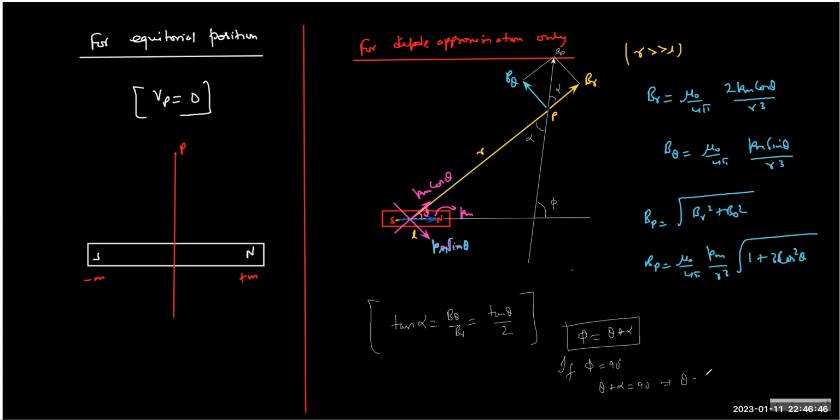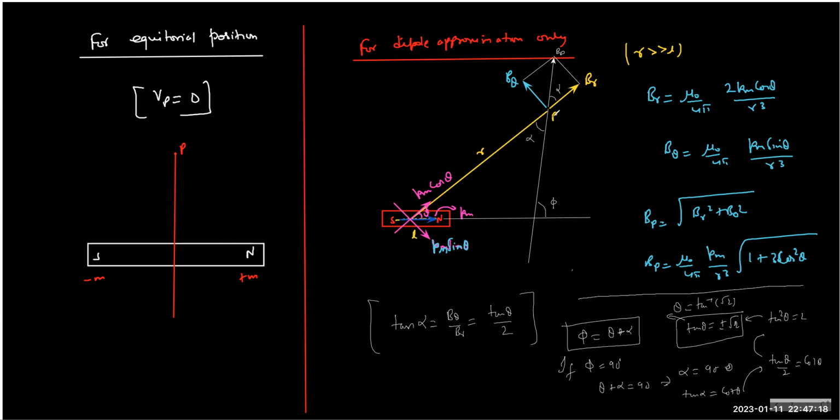This implies alpha is 90 minus theta. So tan alpha is cot theta, and we know tan alpha is tan theta by 2, so tan theta by 2 is cot theta. Therefore tan square theta is 2. This implies tan theta is plus minus root 2, so theta is tan inverse root 2. These all are numericals which you can come across. We have discussed them in electrostatics, which you don't remember. That's totally okay. Revise and get it.